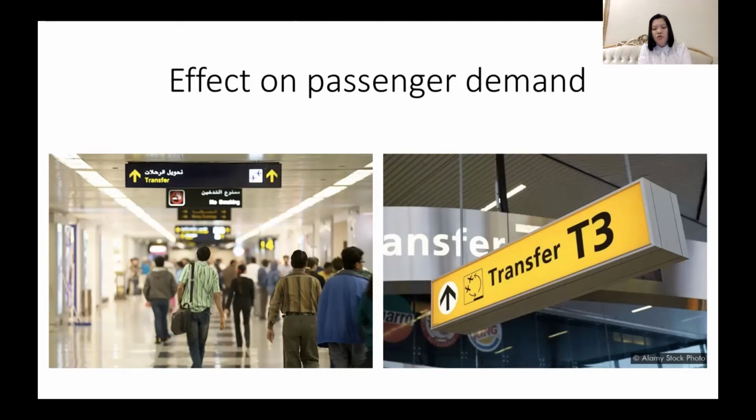Since the time required for a passenger to make a connection is 1 hour, the disutility of making a transfer is equivalent to a time delay of about 45 minutes. So assuming that the value of time is around $30 per hour, the value of the hub connection disutility is around 22.5 US dollars.